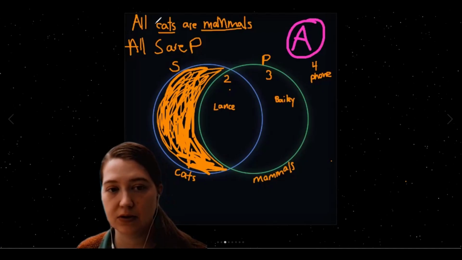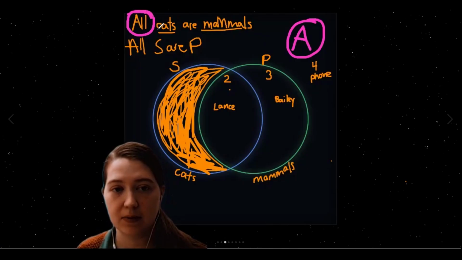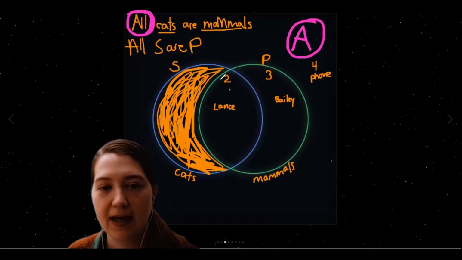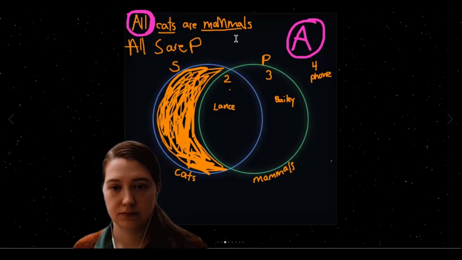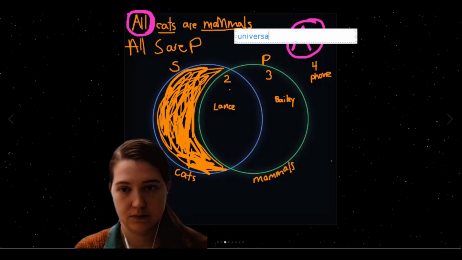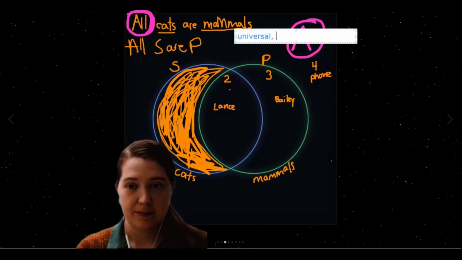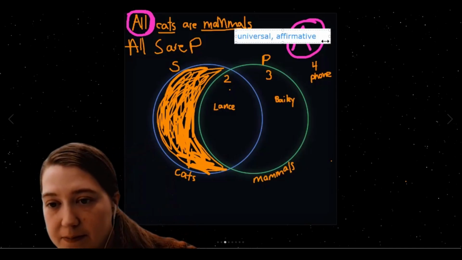A claim is universal because it makes a claim about all of something. It makes a universal claim about the set of all cats. And it's also affirmative, because it's making a positive claim about a universal set of things.